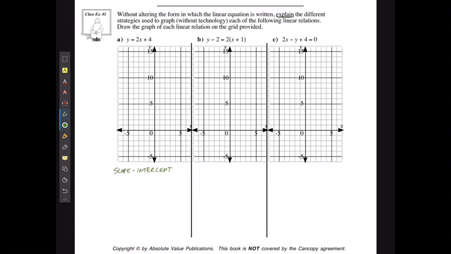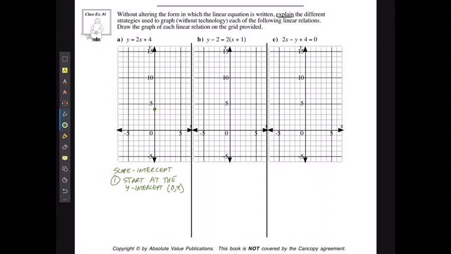the first thing I'm going to do is I'm going to start at the y-intercept. Or in this case, the point of 0 and 4.